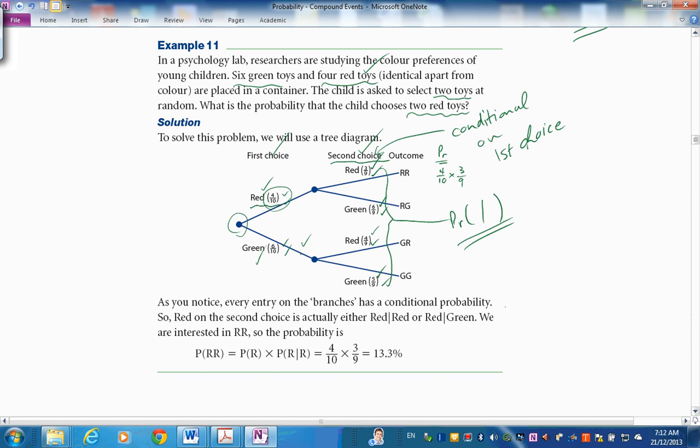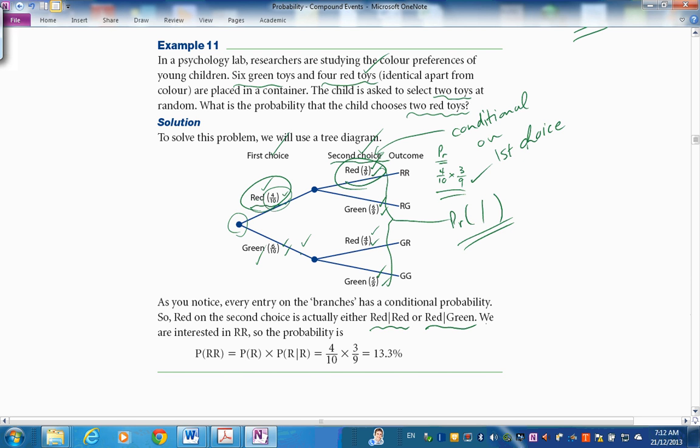Let's do the one that Pearson's has got down here. What's the probability that the child chooses 2 red toys? So there it is, red and a red. The top one, that was the one that I just did.